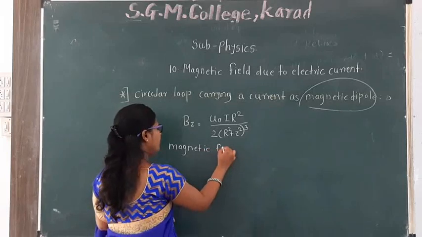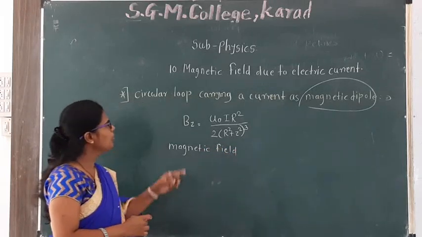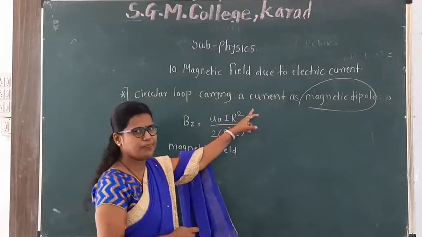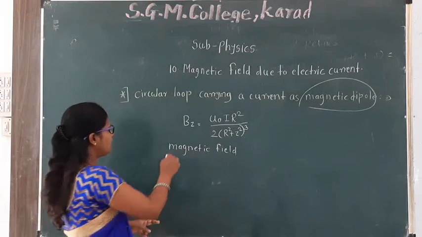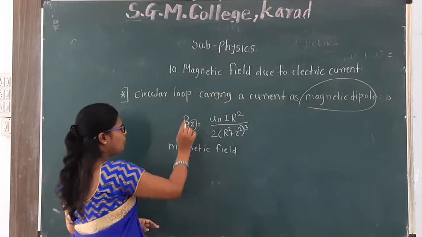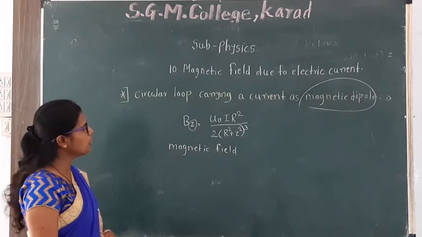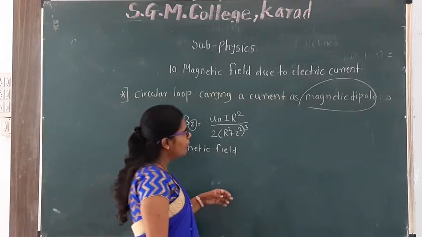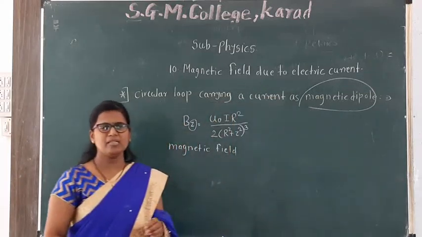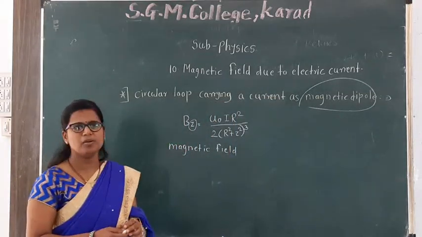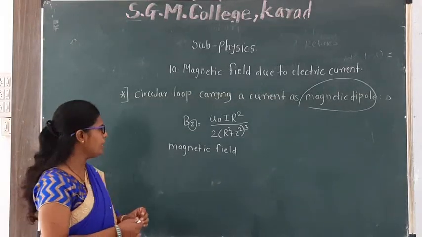The behavior of the magnetic field due to a current carrying loop at a larger distance, that larger distance means along the z axis, is similar to the electric field produced due to an electric dipole.